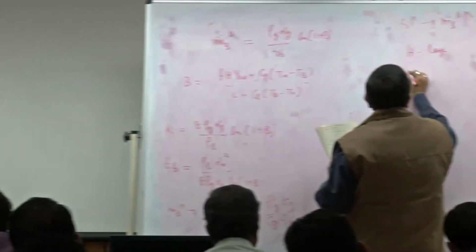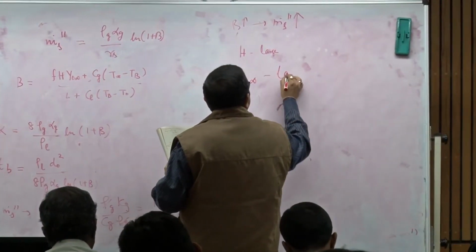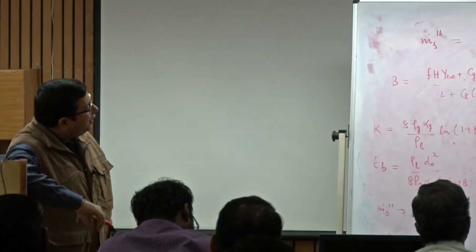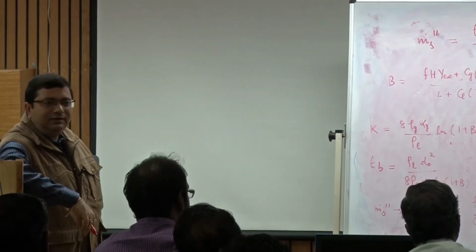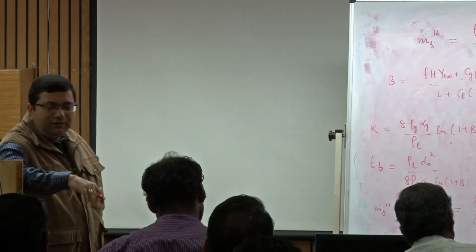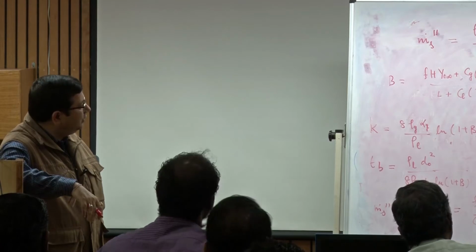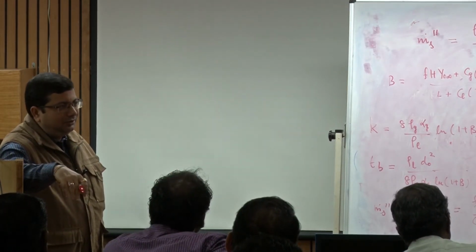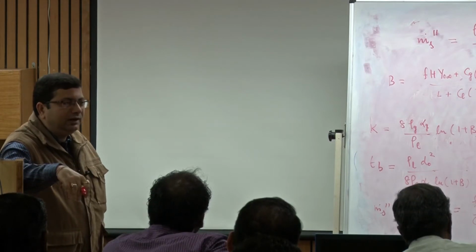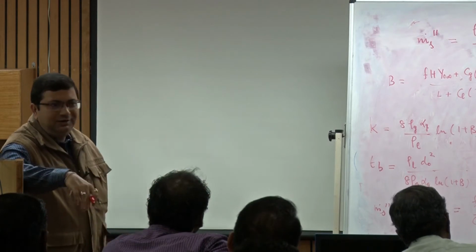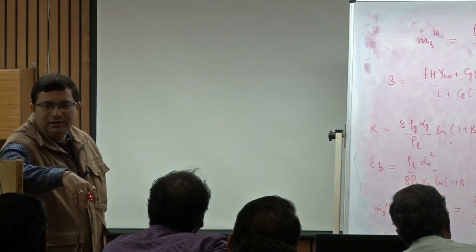Next, what we need is a large Y naught infinity. For most other applications, let us say aircraft, power plants, other transportation, this value is fixed, because we have air all around, so we cannot do anything about it. But rocket combustors are much smaller compared to other conventional combustors.